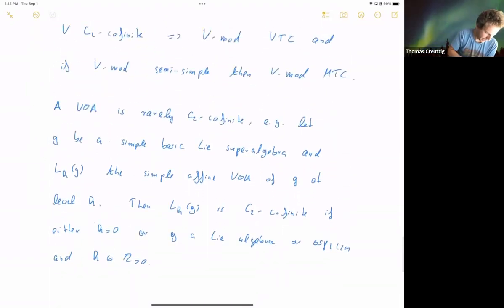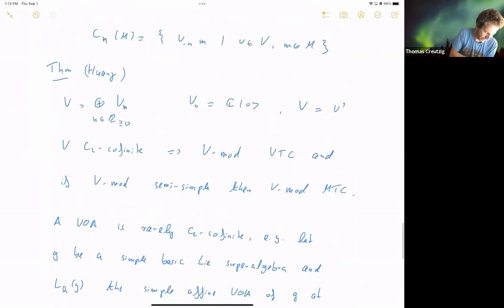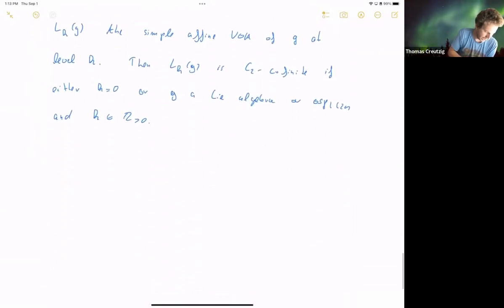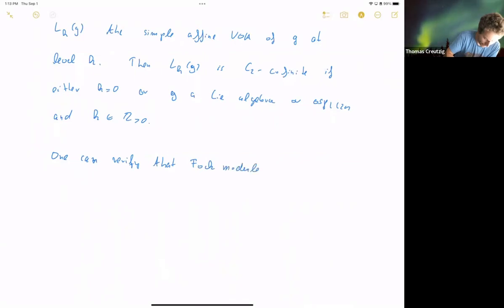Now one can ask, is there anything else beyond this theorem? And it's not hard to, well, Shashank did this, so one can verify that appropriate categories of Fock modules for the Heisenberg VOA give a vertex tensor category. And this is understandable, right?